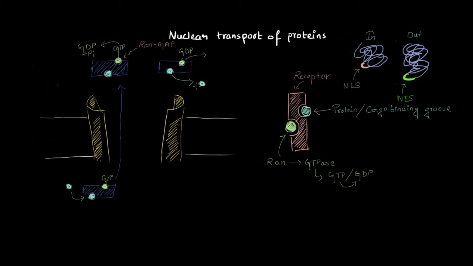So this would be the protein cargo, and this would be the RAN in its GDP bound form. So these two fall off. Now what happens, this export receptor or the exportin, it can move inside on its own through the nuclear pore complex.